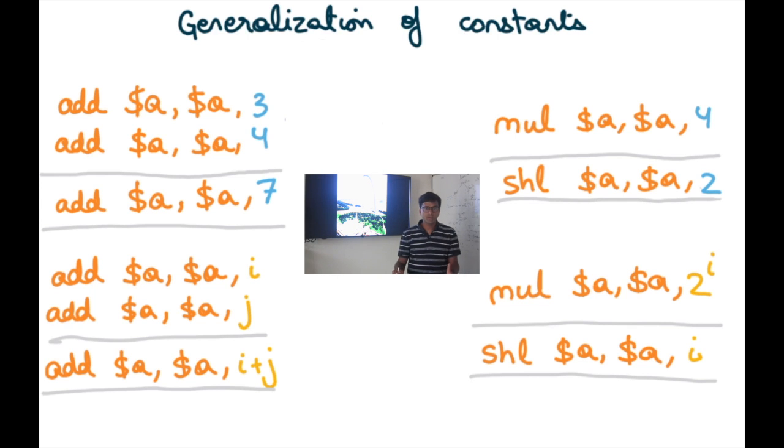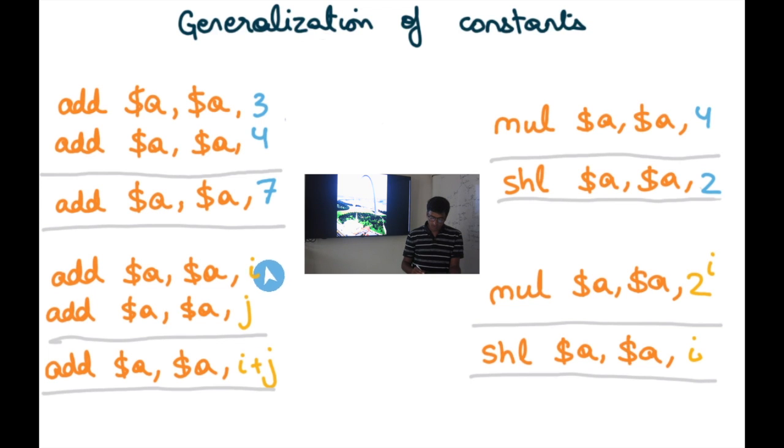Here's another way you could generalize the peephole optimization rule. You can generalize the constants. So for example, instead of saying add A A 3 and add A A 4 and doing the constant folding by saying add A A 7, you can say add A A I for any arbitrary constant I, add A A J for any arbitrary constant J, and then use this compile time addition operation called I plus J, which is computed by the compiler because I and J are constants, and then use that as the replacement.